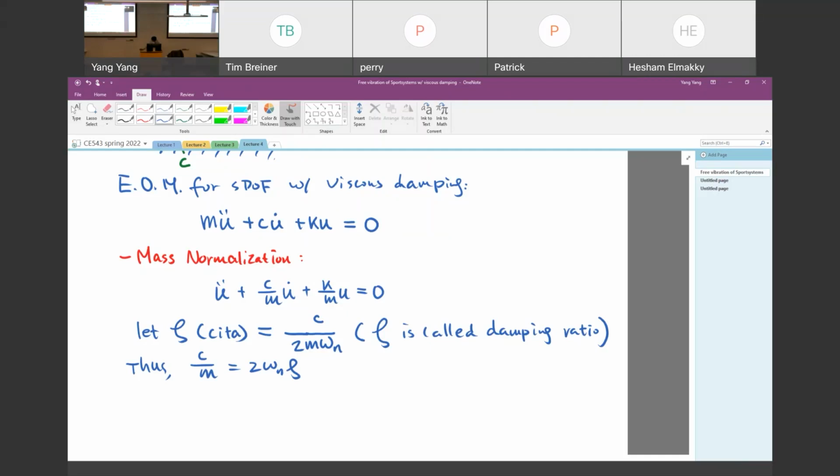Sorry, what's omega n again? The natural frequency? Yeah, omega n is the natural frequency, equal to the square root of k over m. Omega n is the natural frequency for the undamped system.